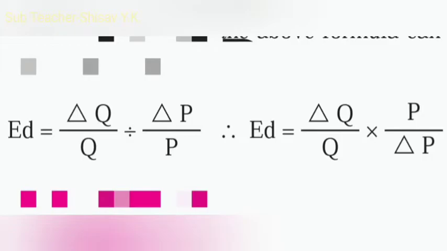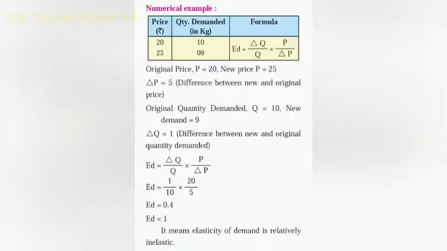See students, in the numerical example there are two columns. The first column is the price, the second column is the quantity demanded, and the formula is the ratio method of price elasticity of demand. See, price is 20 and quantity demanded is 10, and then the price increases to 25 rupees and quantity demanded decreases.